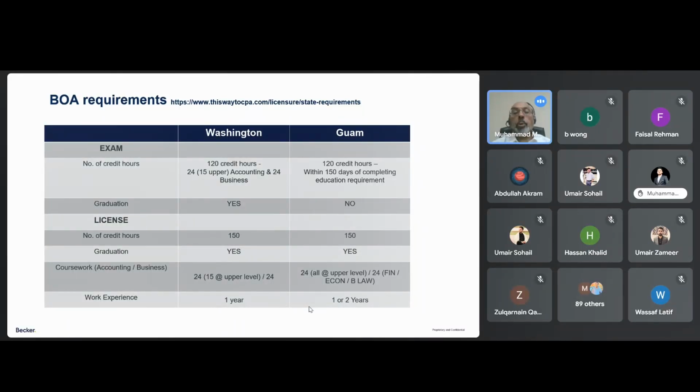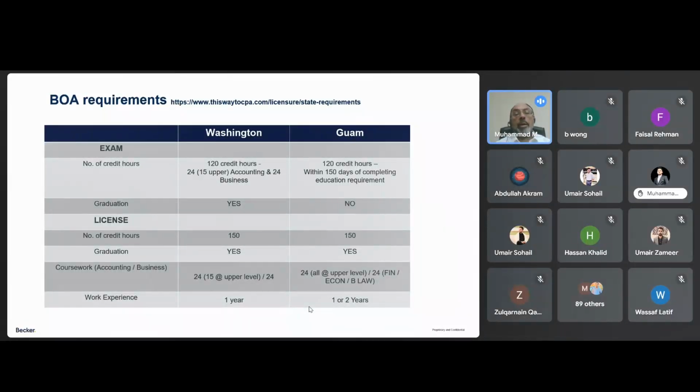So you are eligible to take the exam. Graduation is not required. But when you go to the licensing stage, if you look at Washington, you need to have under 50 credit hours, and there should be a graduation plus. Also in Guam, you need to have under 50 credit hours and it has to be a part of your graduation plus.